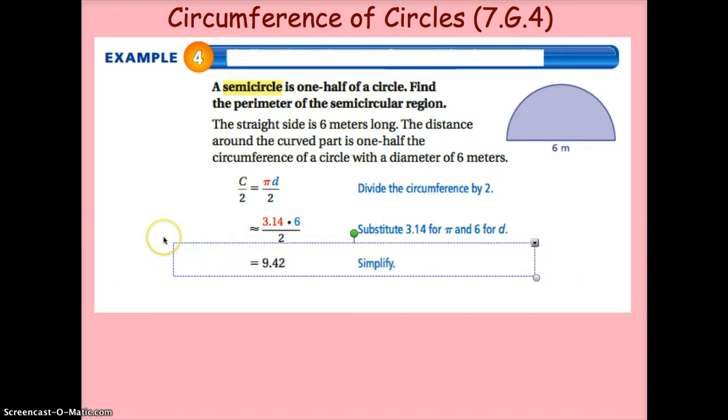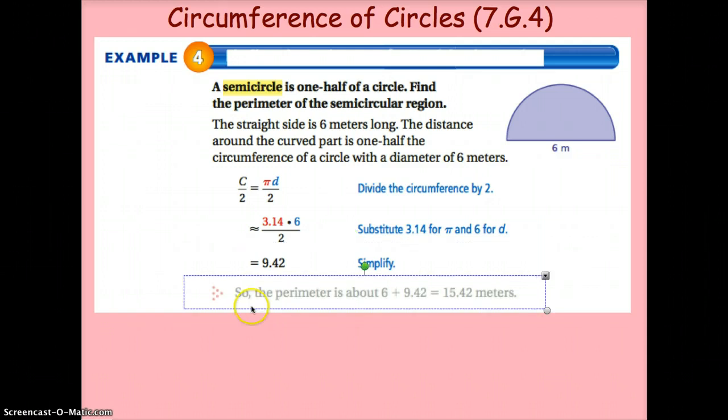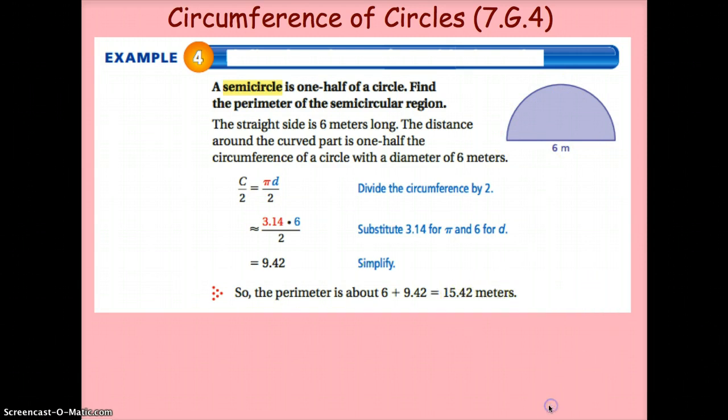And I will find 9 and 42 hundredths. And then of course putting my words in there, I have the 6 because remember I also have this portion. So 9 and 42 hundredths is right here, plus a 6 here. My final answer is 15 and 42 hundredths meters.